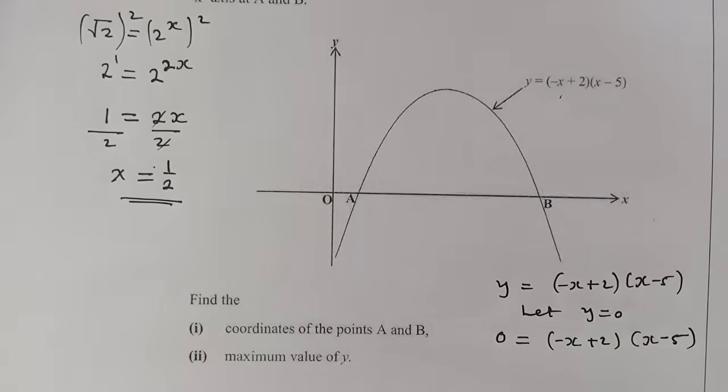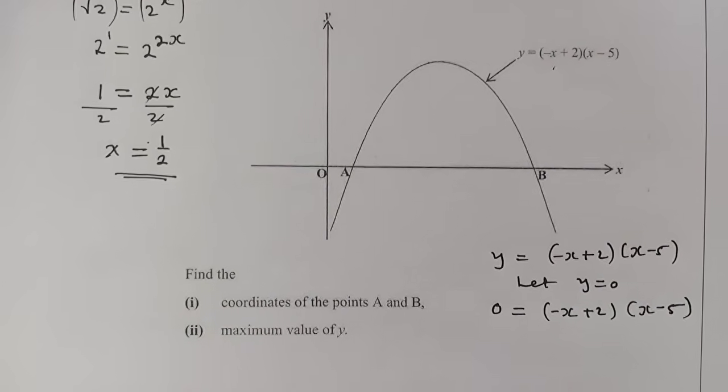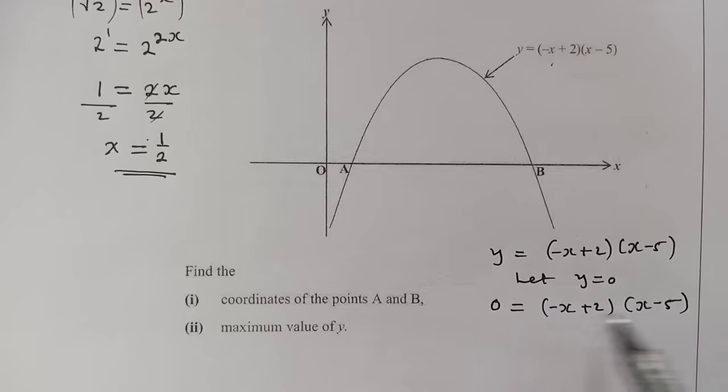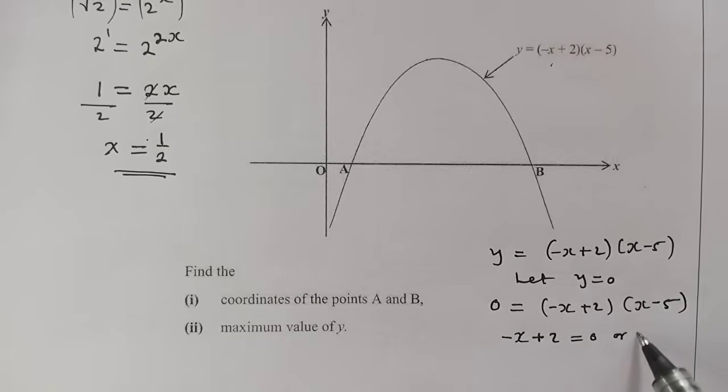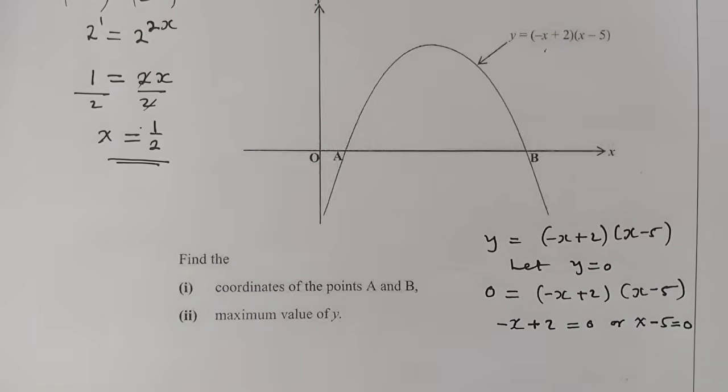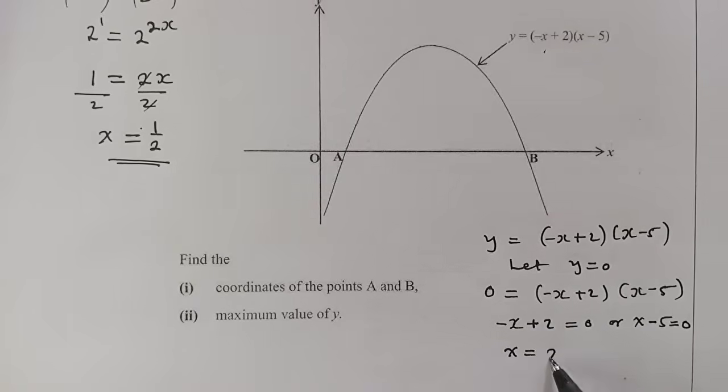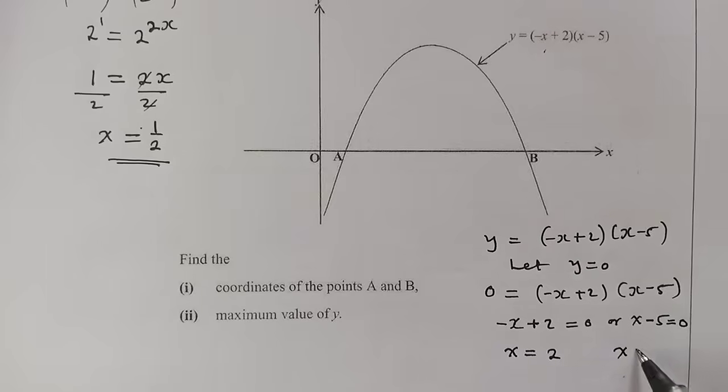So now we equate each of these. So we say negative x plus 2 is equal to 0, or x minus 5 is equal to 0, such that when we solve this equation, we remain with x is equal to 2. Here x will be equal to 5.